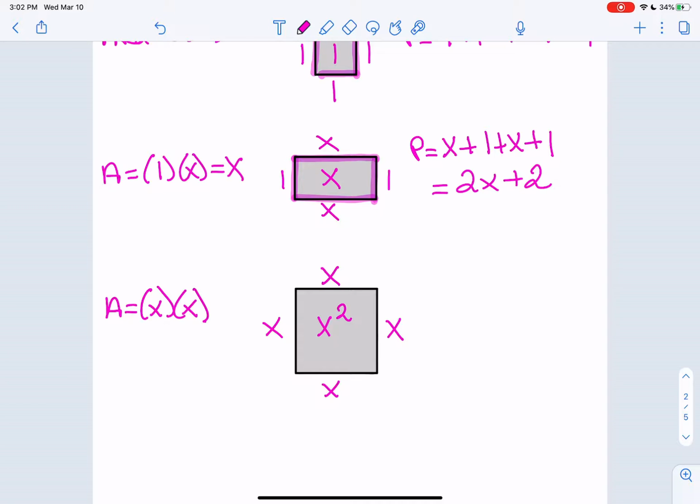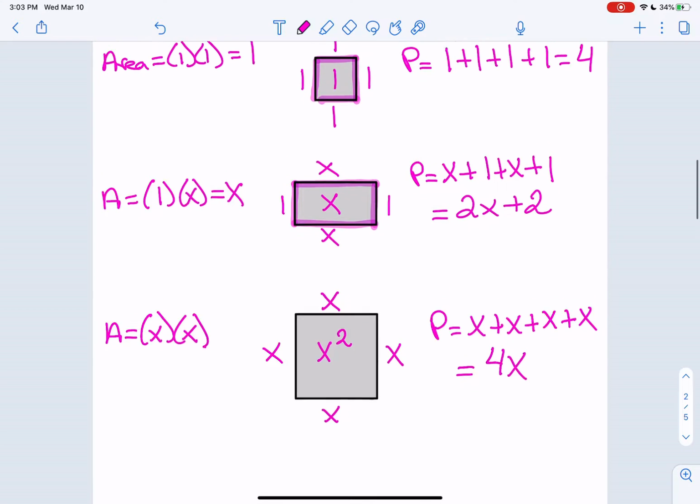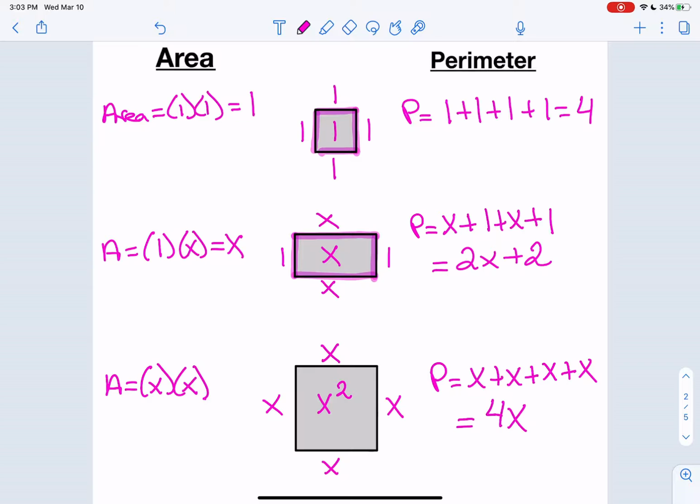And the perimeter is going to be x plus x plus x plus x. There are 4 of them, so it's going to equal 4x. So that's a look at the side lengths and how to find the area and the perimeter for each tile. Don't forget the name of the tile also equals its area.